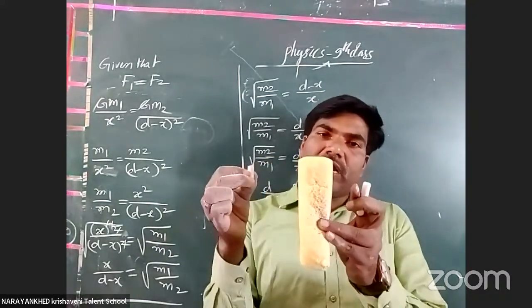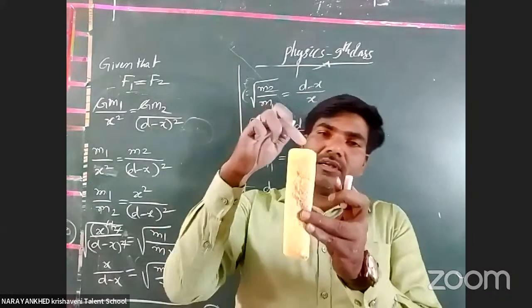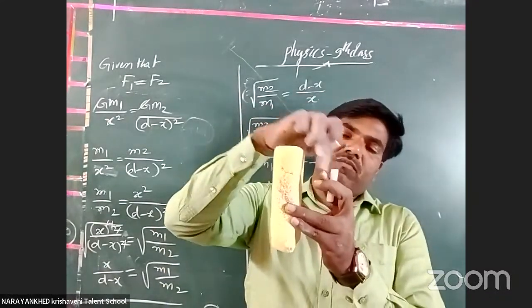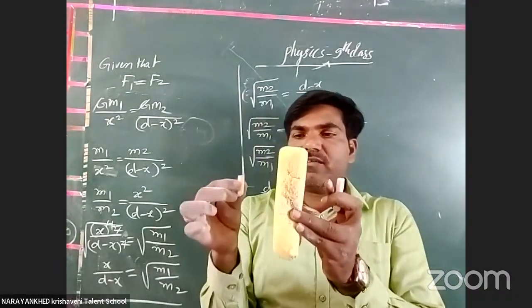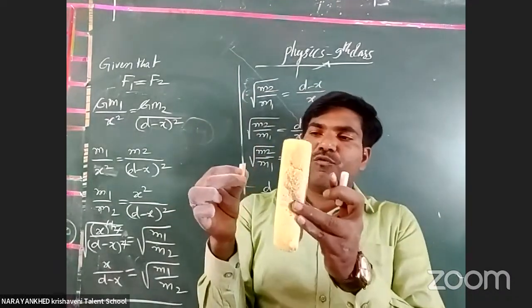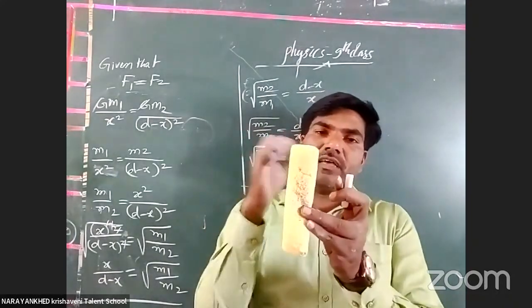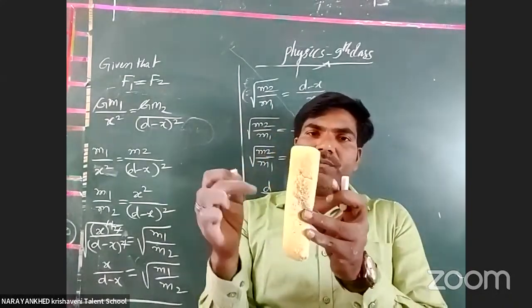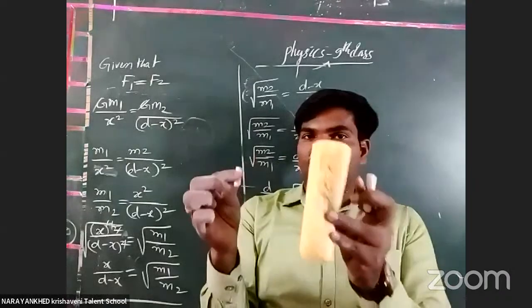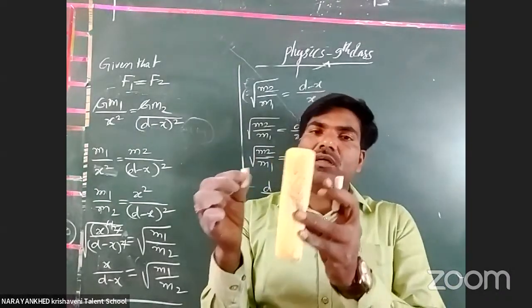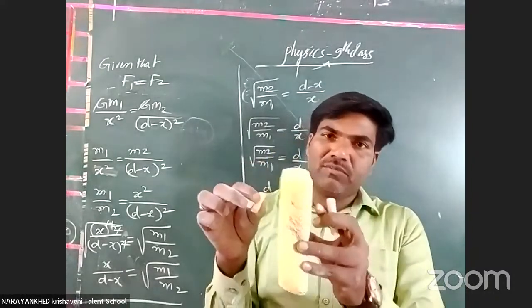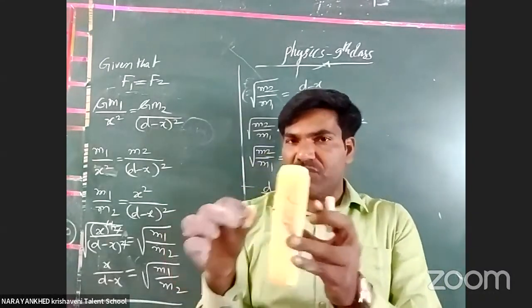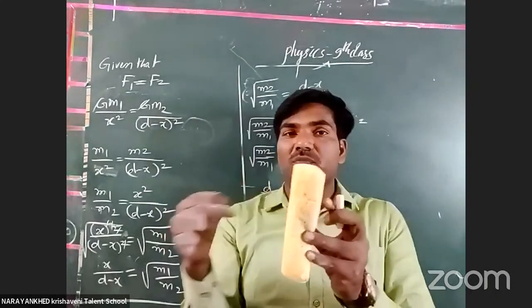The duster is giving gravitational force on this chalk piece, and the other chalk piece also gives gravitational force. When F1 and F2 are the same, the net gravitational force becomes zero.